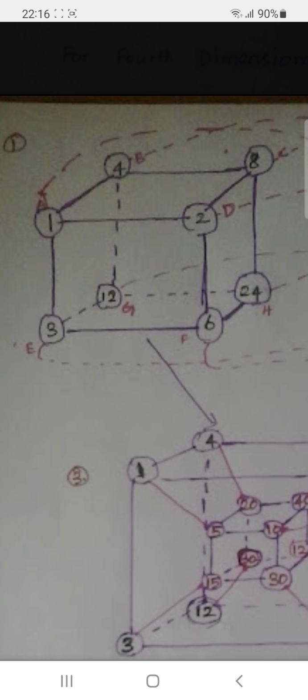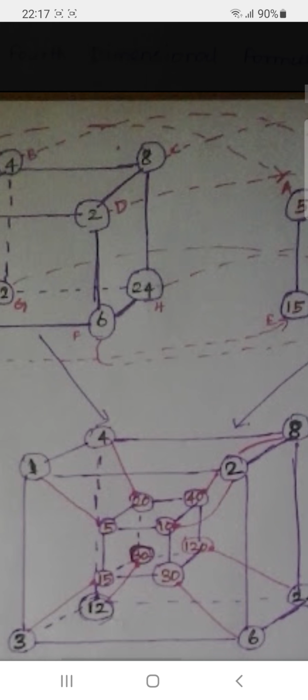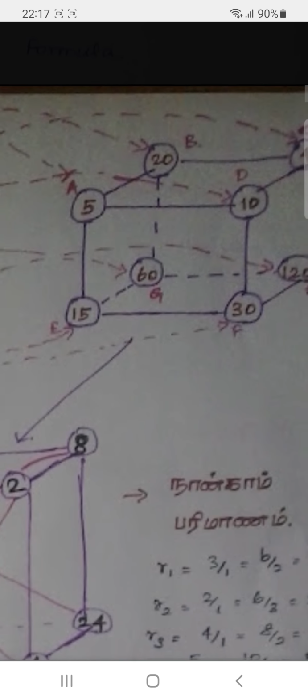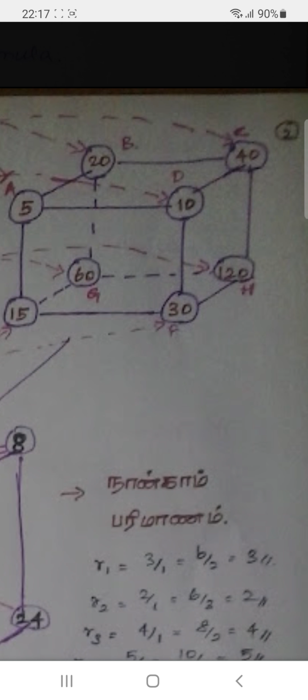If you see the ratios for each one, 2 divided by 1 is 2, 6 divided by 3 is 2. Then 3 divided by 1 is 3, 6 divided by 2 is 3. Likewise, the ratios we are getting are unique ratios.